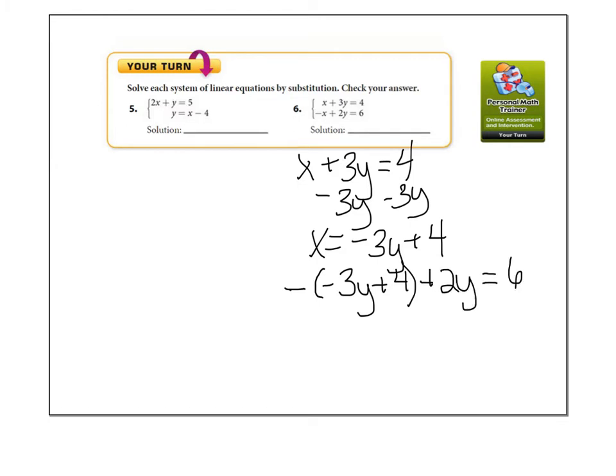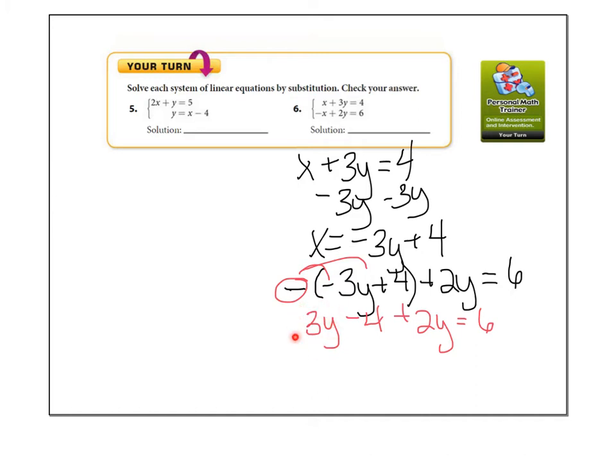equals 6. So I'm going to, first of all, distribute this negative. So it becomes a positive 3y minus 4. And then bring down the rest, plus 2y equals 6. Well, I have like terms on the same side.